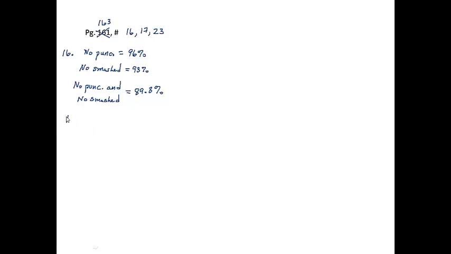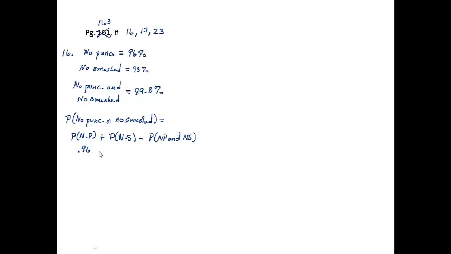So the probability that it does not have a puncture or does not have a smashed edge. Well, remember, that's equal to the probability of not having a puncture plus the probability of not having a smashed edge minus the overlap. So the probability of not having a puncture, well, that's 0.96. See the percent?